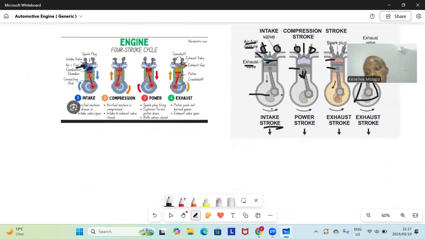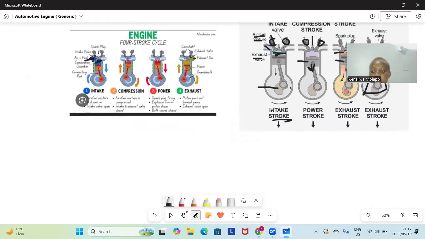I told you at the beginning of the lesson that one stroke equals half a revolution of a crankshaft. So I think we are done for today, and thank you.